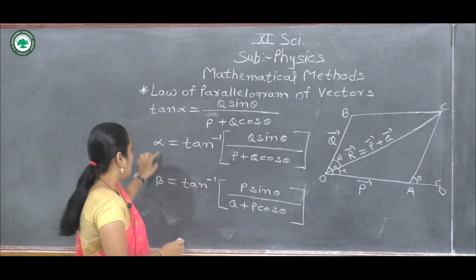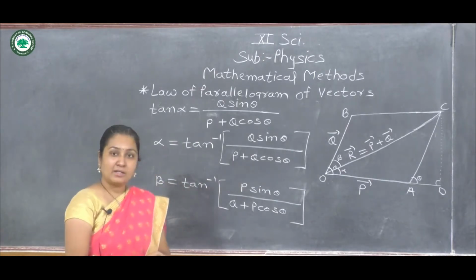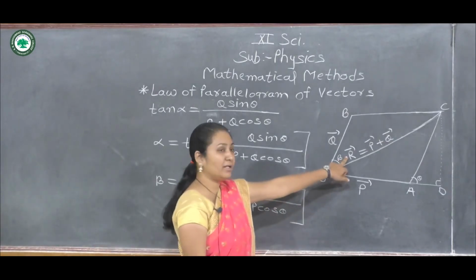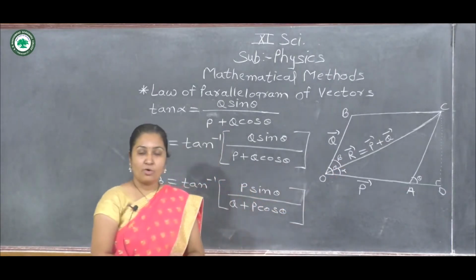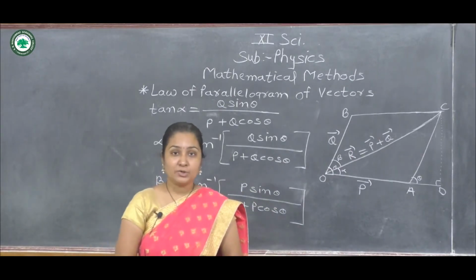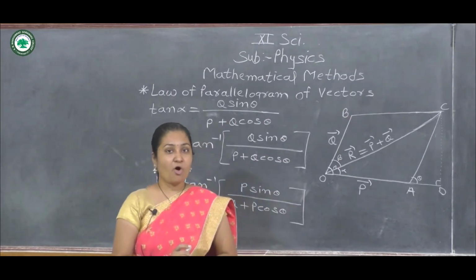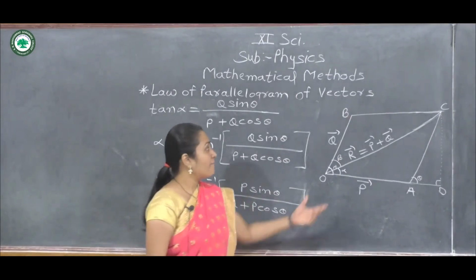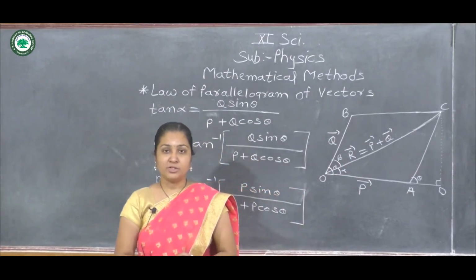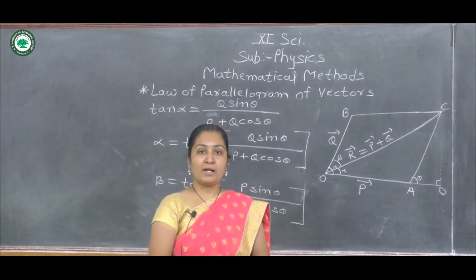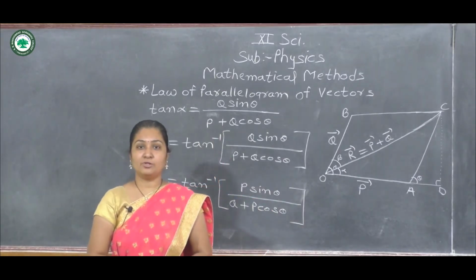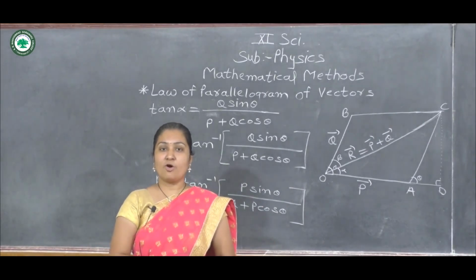So this alpha and beta give us the direction of the resultant vector R bar. By using these formulas we can find the magnitude as well as direction of the resultant vector by using the law of parallelogram of two vectors. So this is about the law of parallelogram of vectors. Then the next point that we are going to study is resolution of vectors.